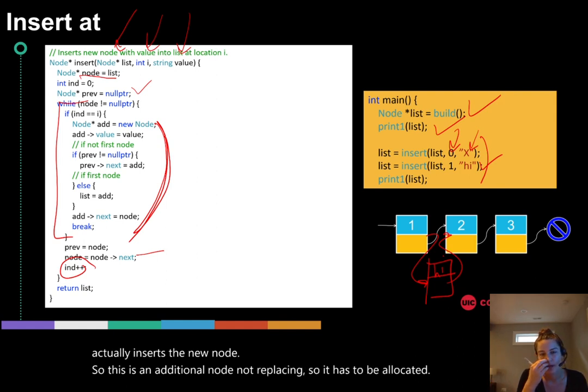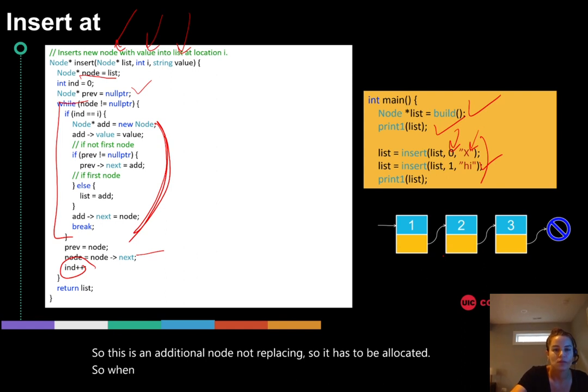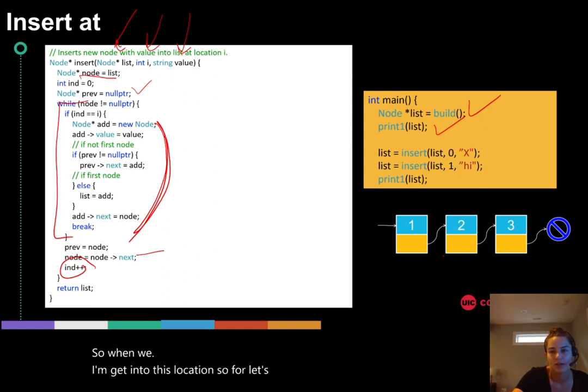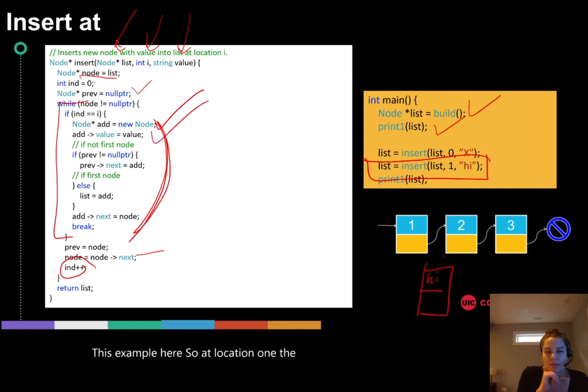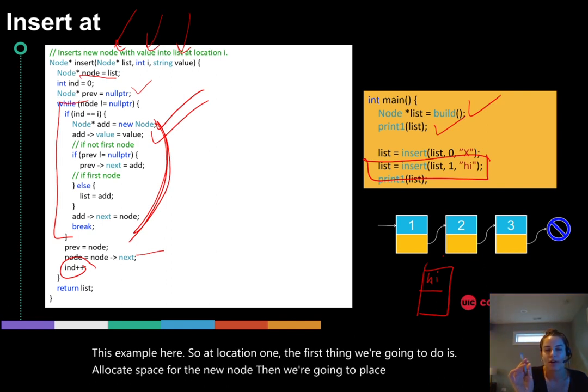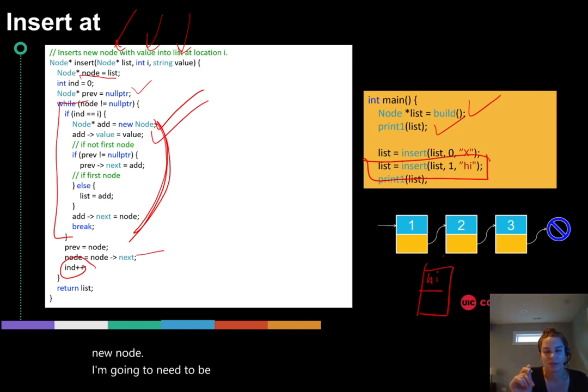So when we get into this location, let's do it for this example here. At location 1, the first thing we're going to do is allocate space for the new node. Then we are going to place the value into the new node. We're going to need to be careful about this and make sure that we're not at the front, because the front is a special case.